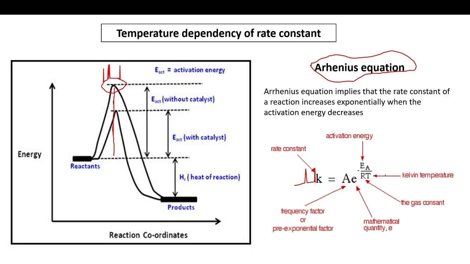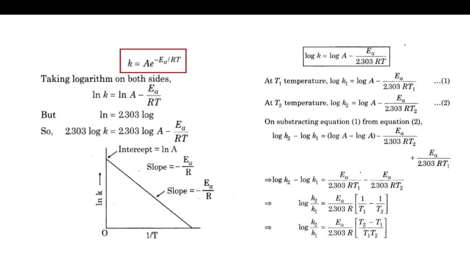Ea is the activation energy, T is the absolute temperature or the Kelvin temperature, and R is the gas constant. So this is the way we can calculate the rate constant with the help of these parameters, and this is the relationship between a rate constant and the temperature, given by the Arrhenius equation.